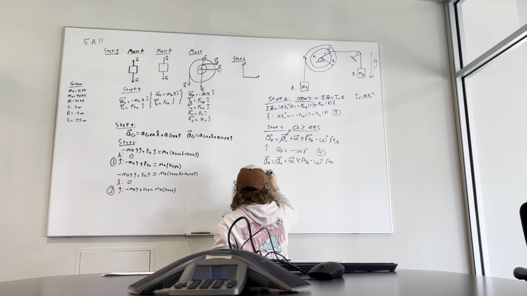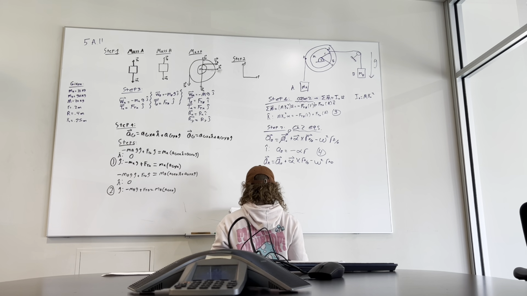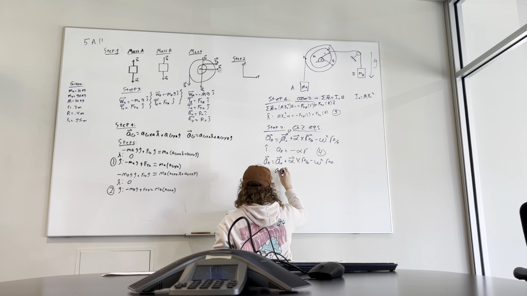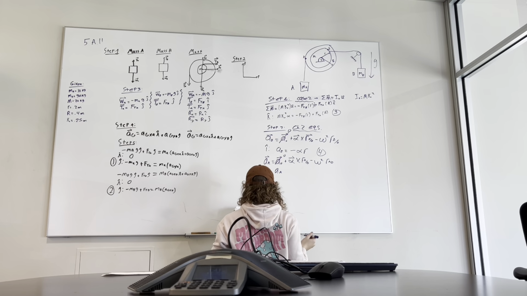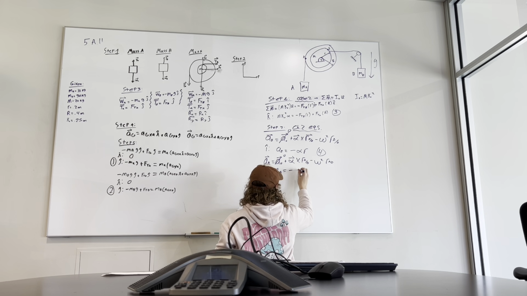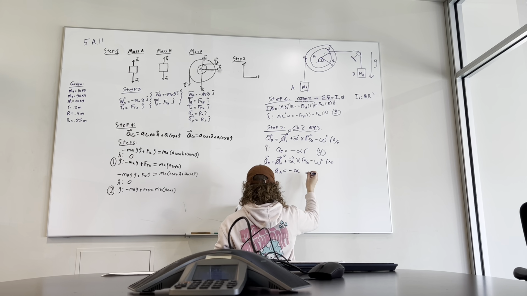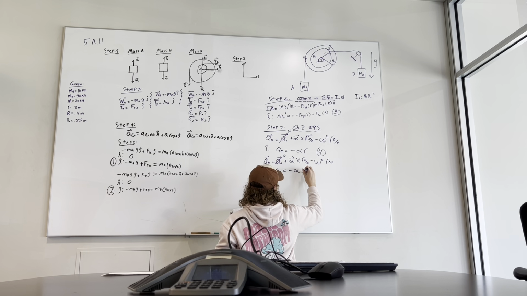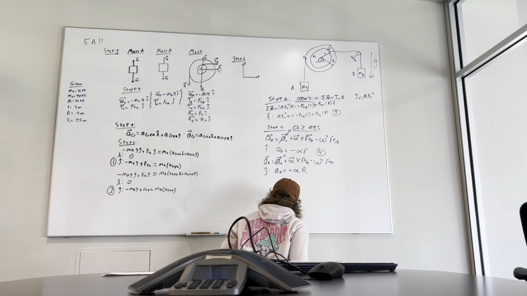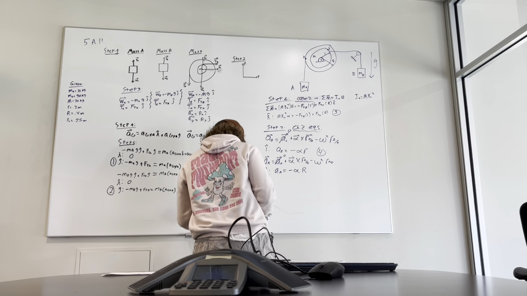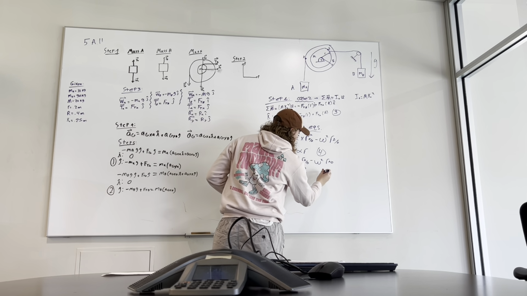So j, which is acceleration at A. We've established that this is 0. So you do the cross product here. And that gives you this to be equal to the negative angular acceleration times your big radius, capital R. And this is scalar equation number 5.